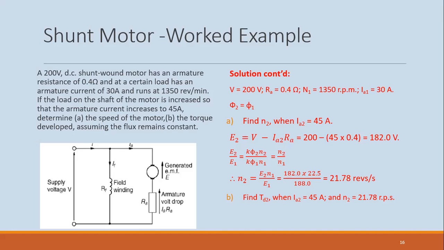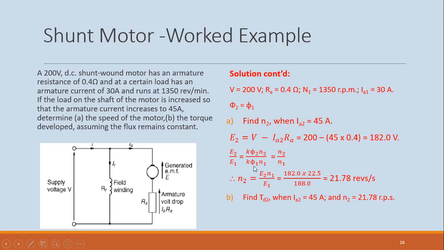All right. So I used the relationship between the two values for the induced EMF. E2 will be K phi 2 N2 and E1 will be K phi 1 N1. But we were told that the flux remains constant, so phi 2 would be equal to phi 1.